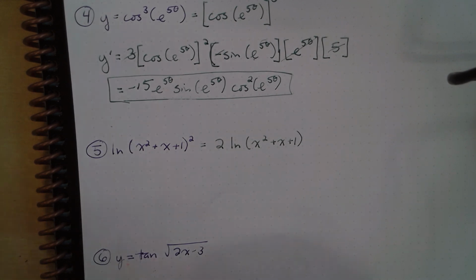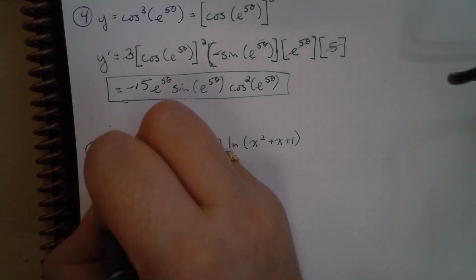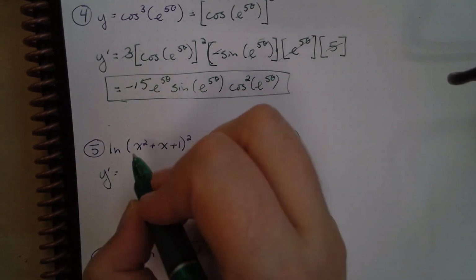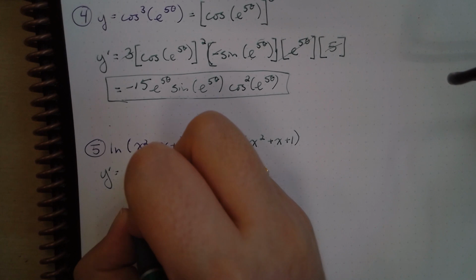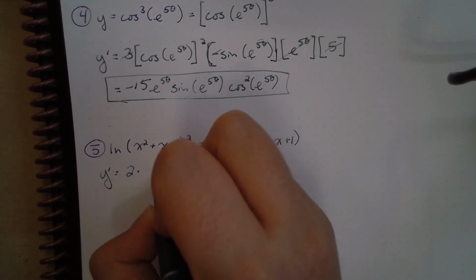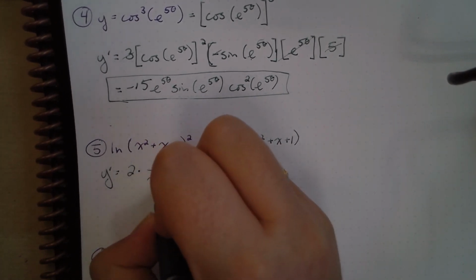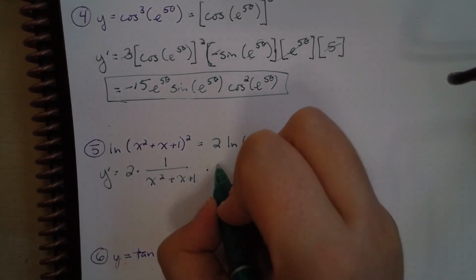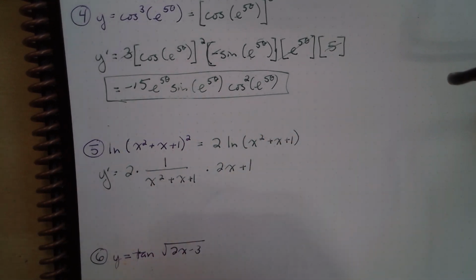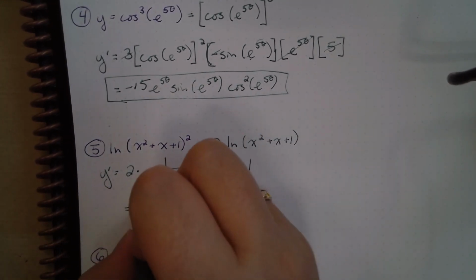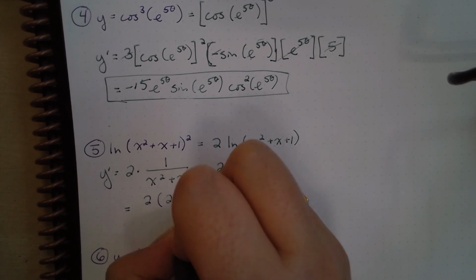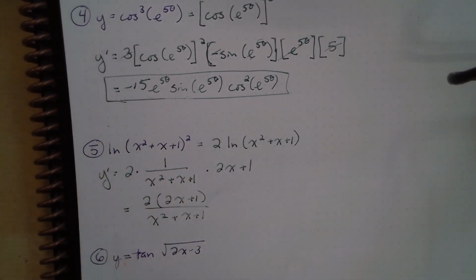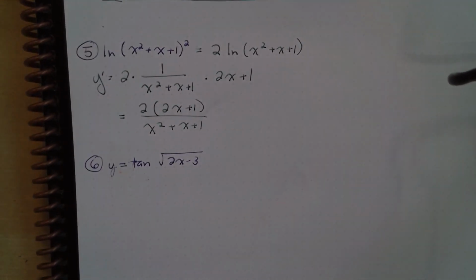So the natural log, the derivative of a natural log, I'm just going to call it y prime, since I didn't label this, is equal to 2 times 1 over x squared plus x plus 1 times the derivative of what's inside here is 2x plus 1. And I can kind of put all that together. So my final answer is just 2 times 2x plus 1 over x squared plus x plus 1. Beautiful.